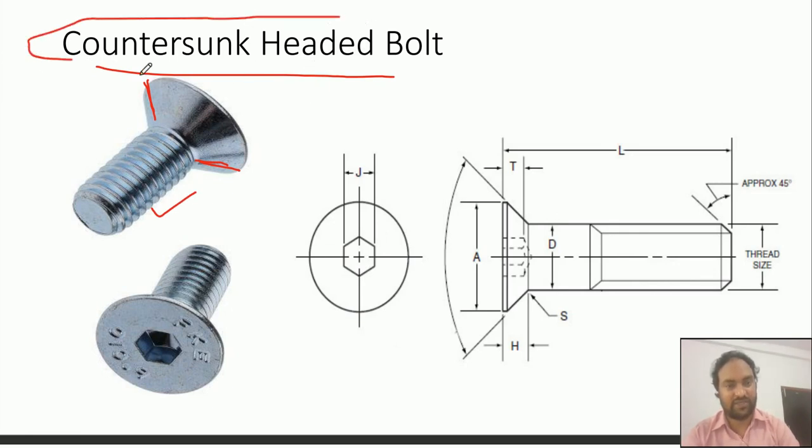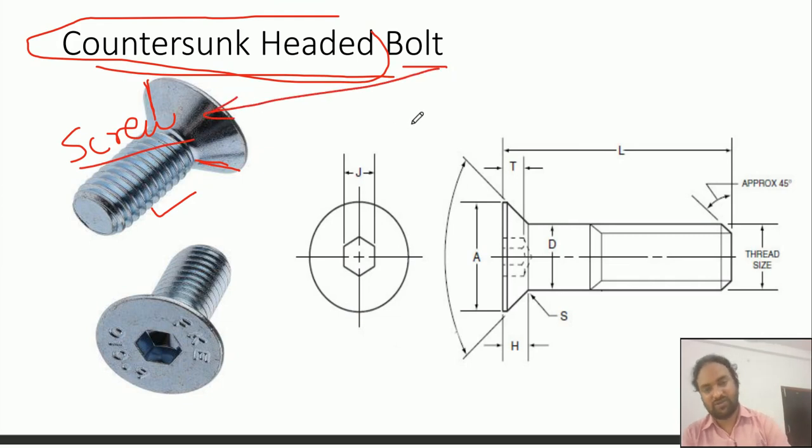What is it? It is a kind of screw. Although it is given under bolts, in reality it is a screw. You can ask me why it is given there, because we study types of bolt, not types of screw. So in types of bolt, screw is a special kind.